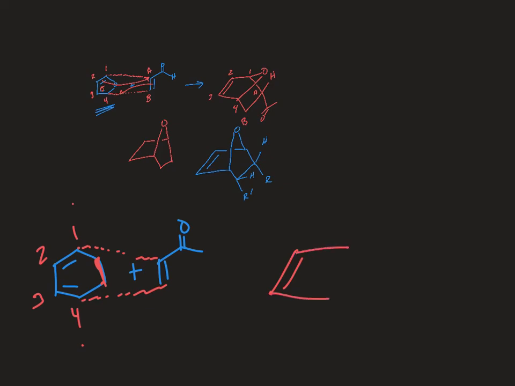Now if I go up, I'm going to have 5 and 6. 6 is attached to 1. So here's 1, 2, 3, 4, 5, 6. So my 6-membered ring. 1 is attached to the dienophile, 4 is attached to the dienophile. My group is going to be endo, so there would be the products.